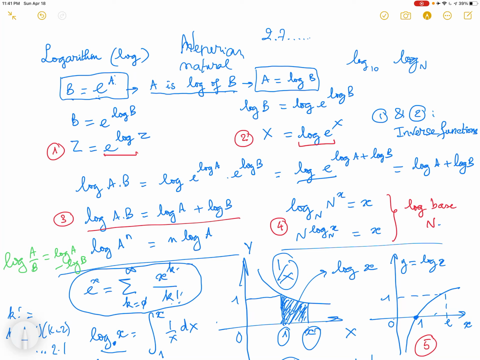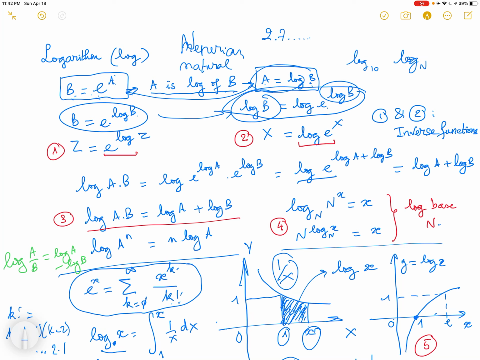The rule of thumb is, since b is written as e to the power of a and a is written as log of b, we substitute this back into here, so we get this. Likewise, when we take log of b, and b is e to the power of log of b, we also have this. You will find the similarities here.